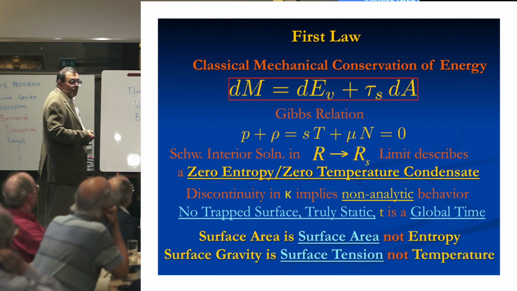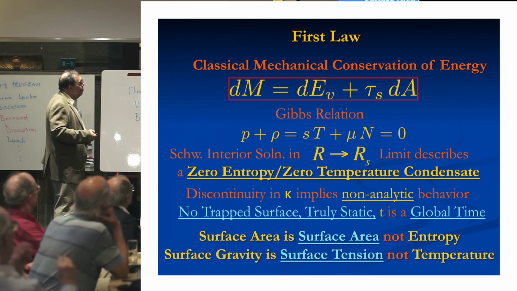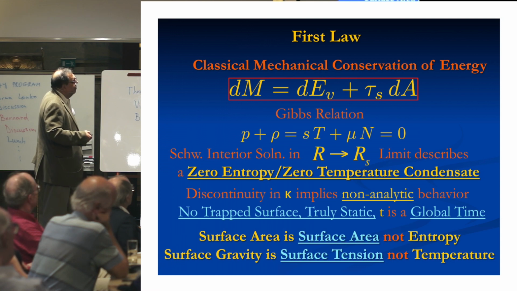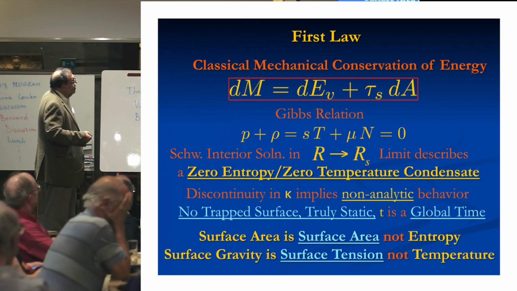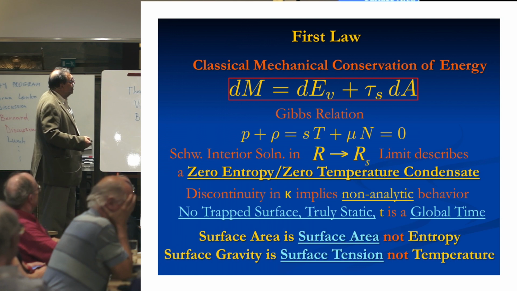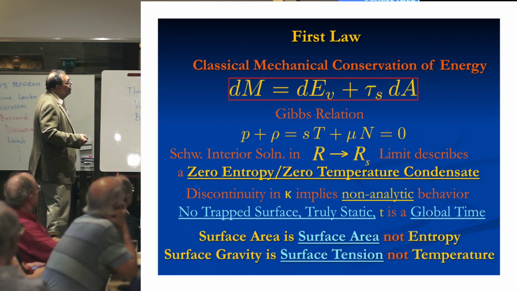And this essentially generalizes the Smarr relation from the case of a black hole to the case in which you have this interior condensate. And I remind you, this really should be thought of as a condensate because it has no entropy. So the Schwarzschild interior solution actually describes, in this limit, in modern terms, a zero entropy, zero temperature condensate.